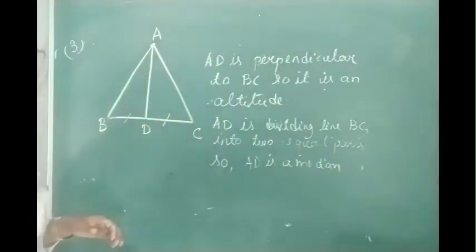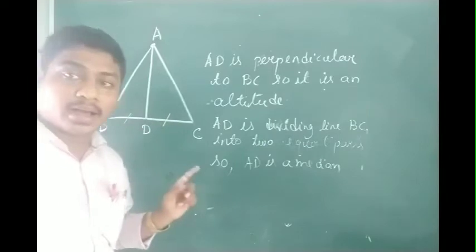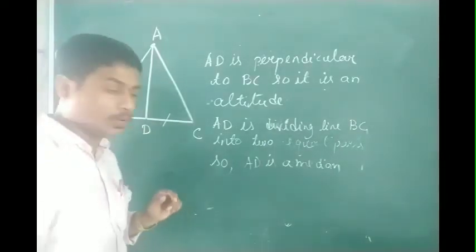Now you can see here AD is a median, and it is also an altitude.